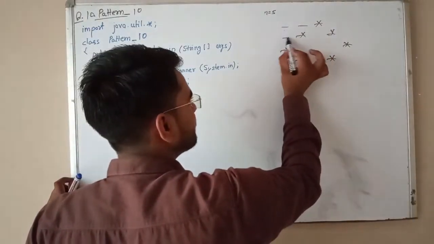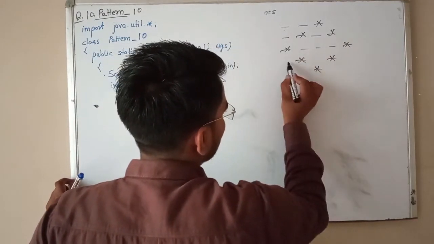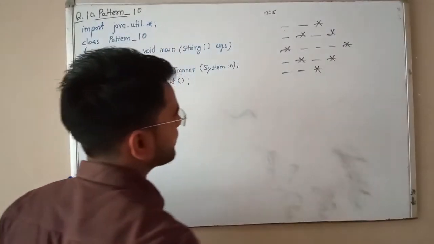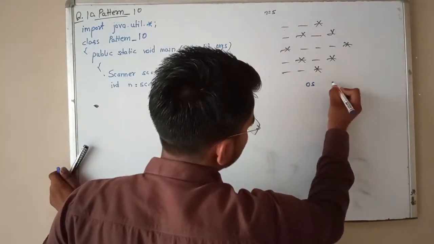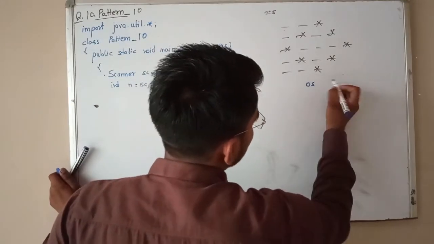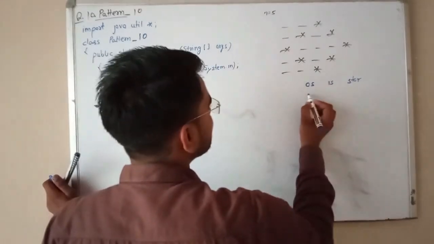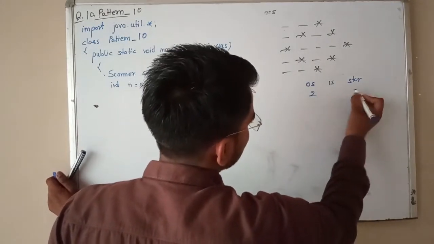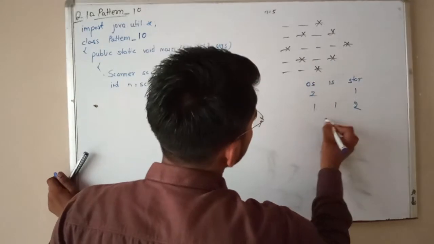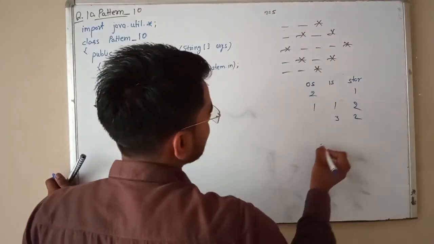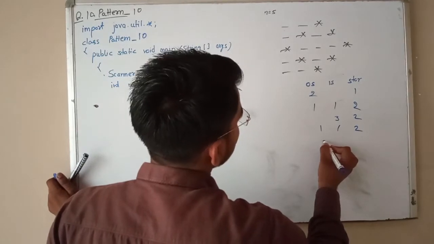Here 2 spaces and 1 star, 1 space and 2 stars, then 1 space and again star, and 1 2 3 spaces, and 1 space 1 star, 1 space 1 star, here 2 spaces and star. If we divide these spaces into inner and outer spaces and count stars: first, 2 outer spaces, no inner, only 1 star; here 1 outer, 1 inner and 2 stars; here 3 inner and 2 stars; here also 2 stars and 1 inner 1 outer; and here 2 outer spaces and 1 star.